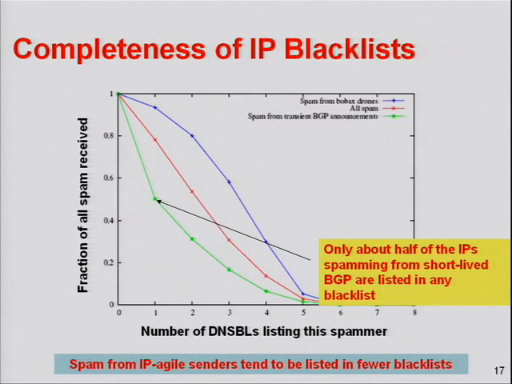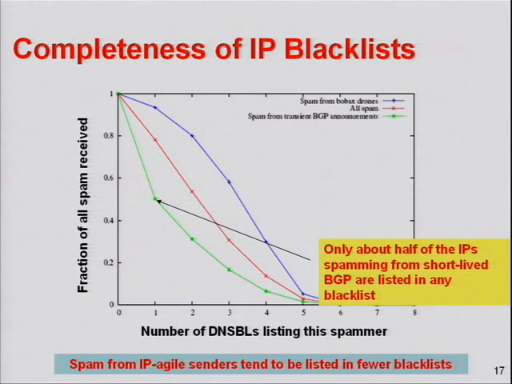Okay, so the interesting point here, the way to read this, is this is the fraction of all spam received that was listed in N or more blacklists. So 100% of it, of course, is listed in 0 or more. Here we can ask, what fraction of the spam was listed in 1 or more blacklists?